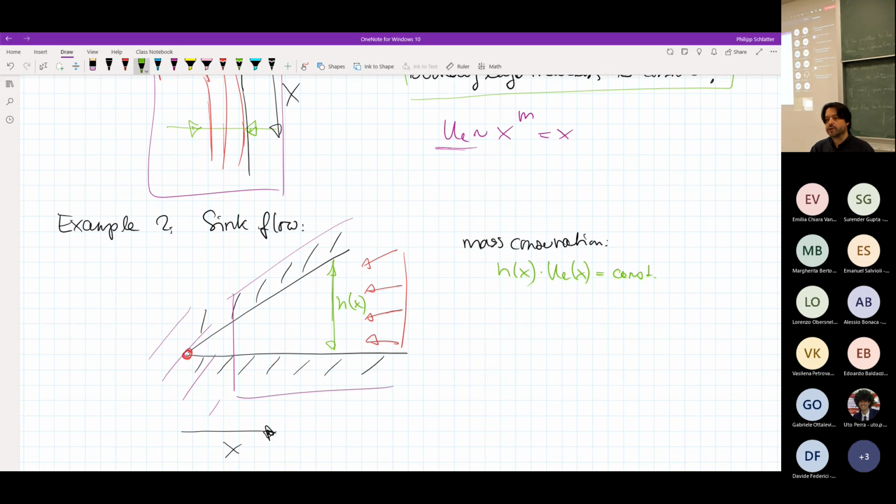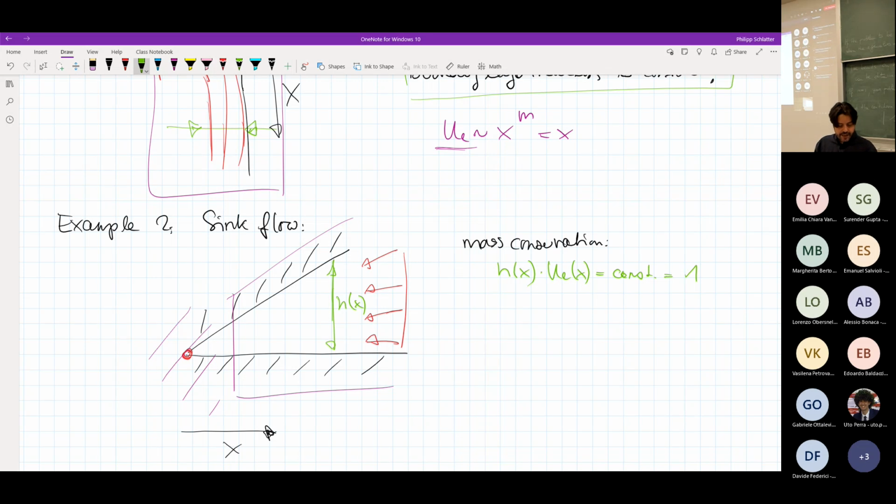That's just mass conservation. The thinner it becomes, the higher the velocity needs to be. Otherwise, I will lose mass. For my scaling behavior, because I'm only interested in scaling, I can just say it's 1, but it wouldn't matter.